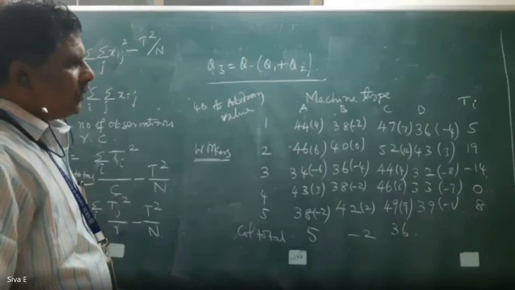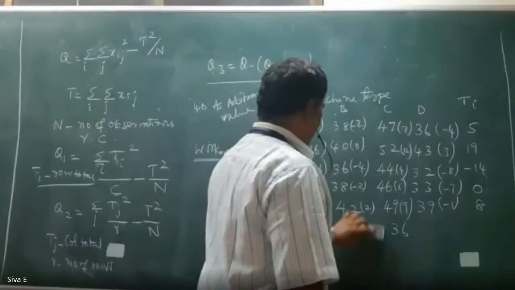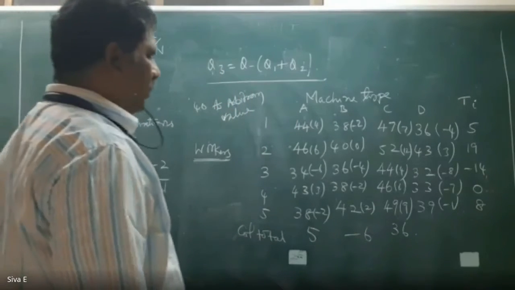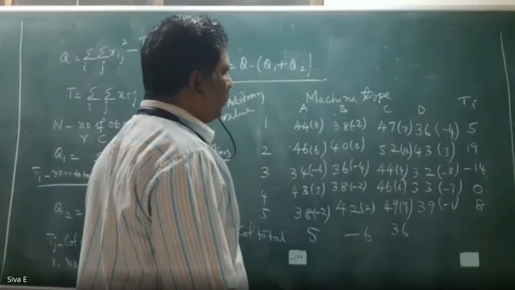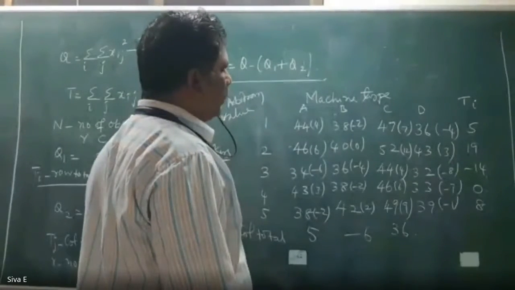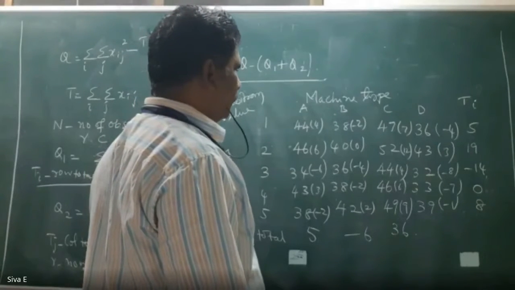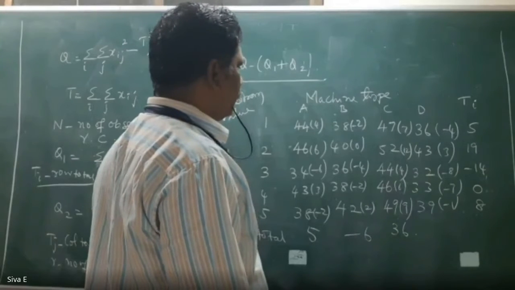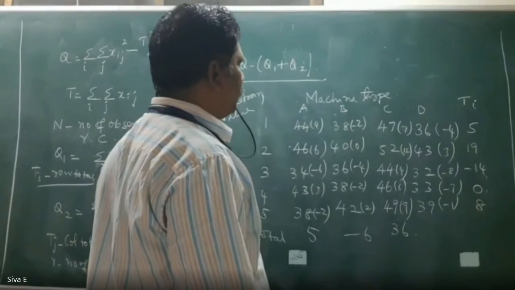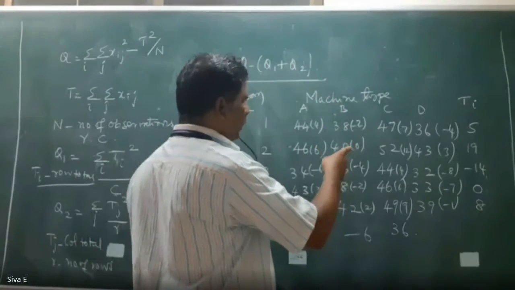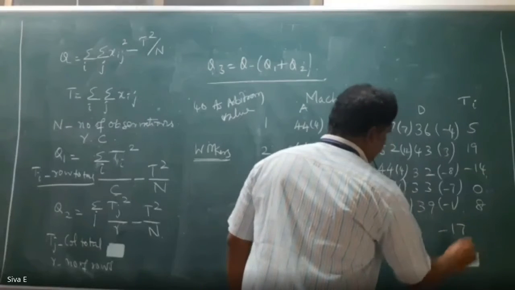Then the second row, second column is minus 6. Minus 4, minus 2. Then the last one is minus 16, minus 20, minus 17.